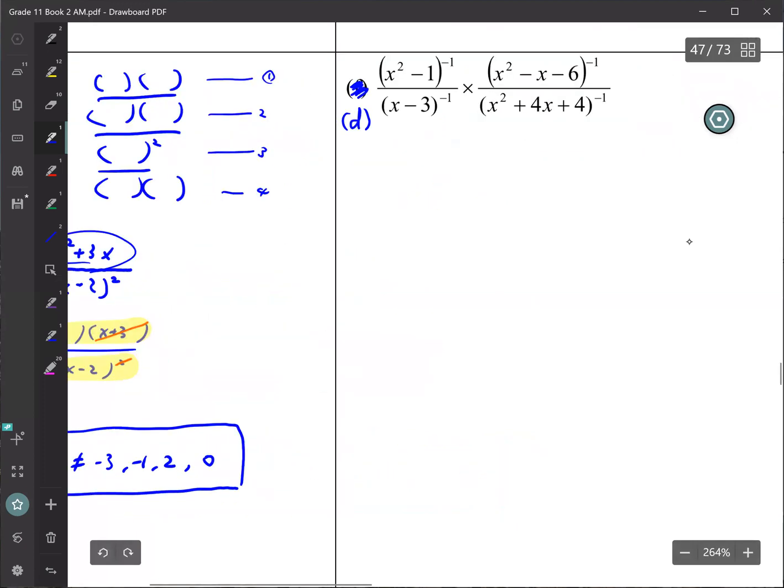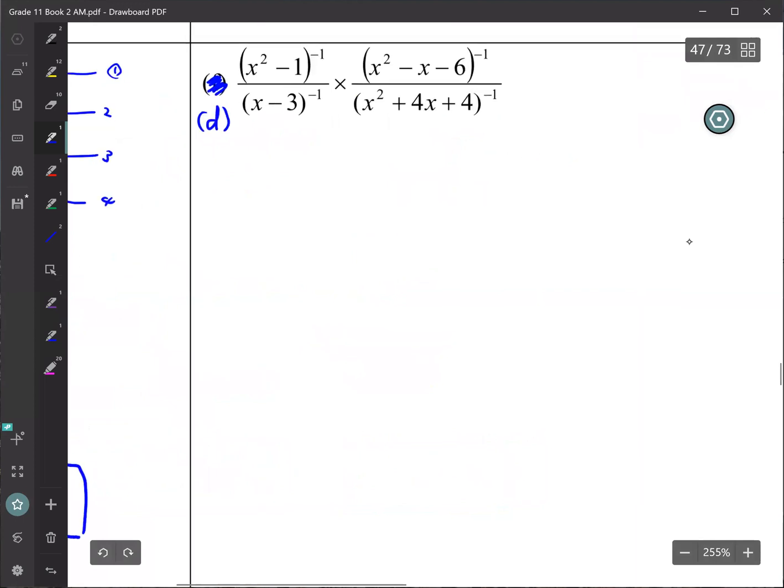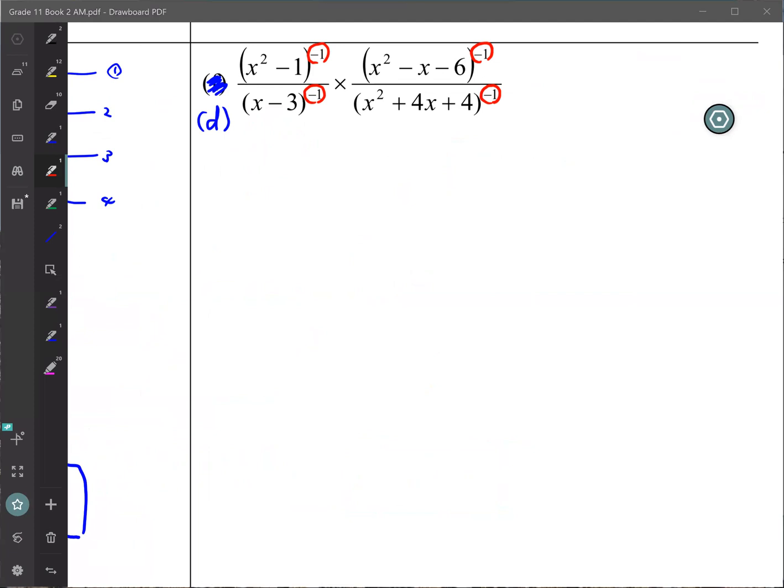Okay, question D. You have a lot of exponent -1, okay? Can anybody tell us what those exponents mean? What do we do with those exponents? Yes, flip it around. Flip it around, very good, okay? When you get a negative exponent, that means it can go to the other side.